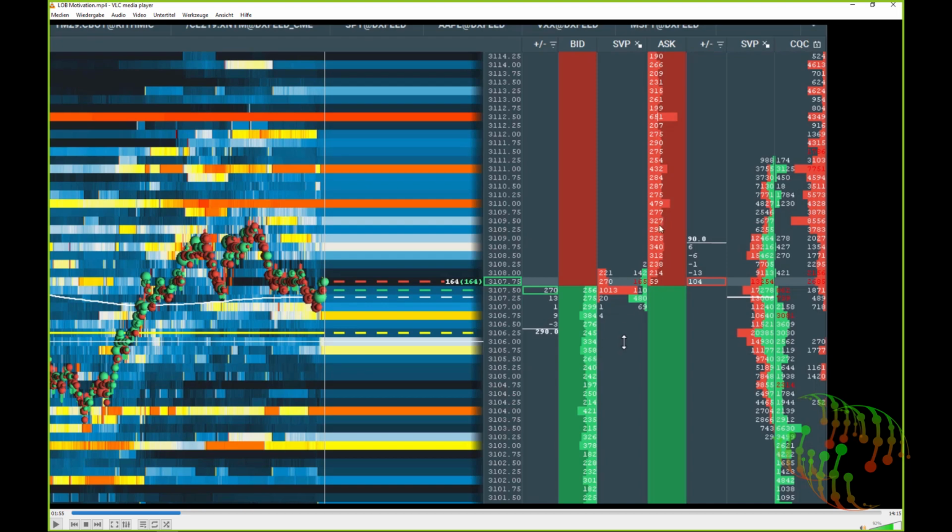So if we put one contract at 975, then this goes up to 278. You will see your contract maybe in the queue in the last position, sitting at 975.